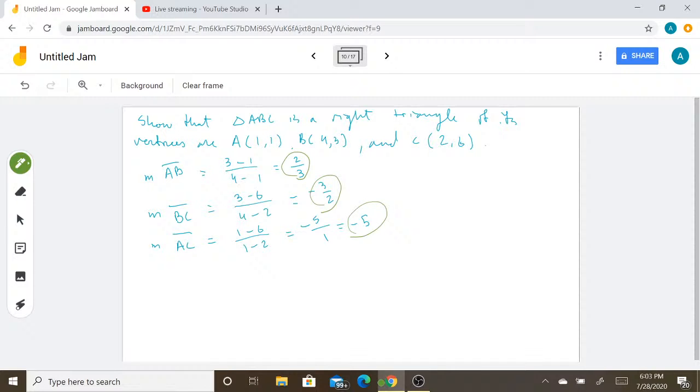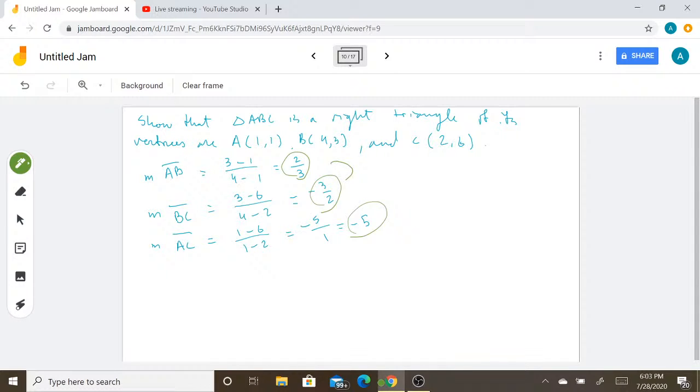if we find a pair of negative reciprocals, that means that two of the sides are perpendicular. And if two sides are perpendicular, that means that it creates a right angle, therefore making the triangle a right triangle. So if we take a look at these two, 2/3 and -3/2, we can see that these are actually negative reciprocals.